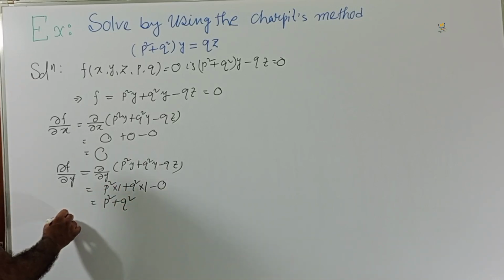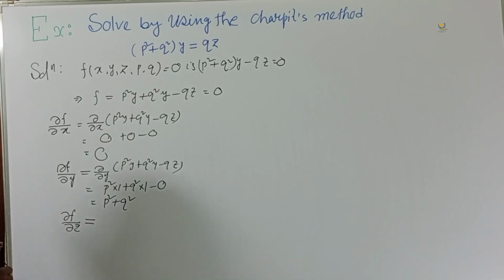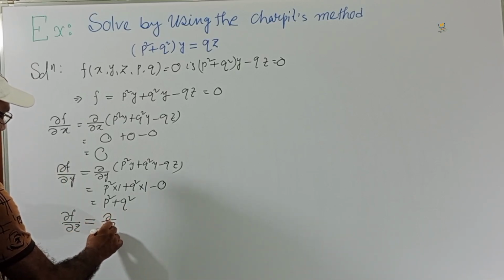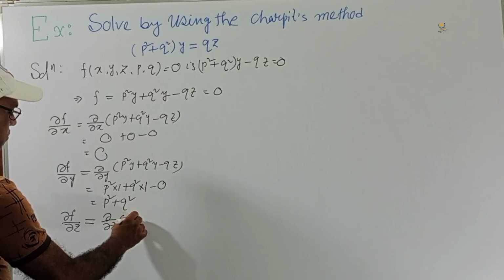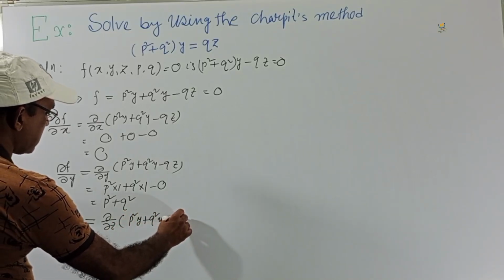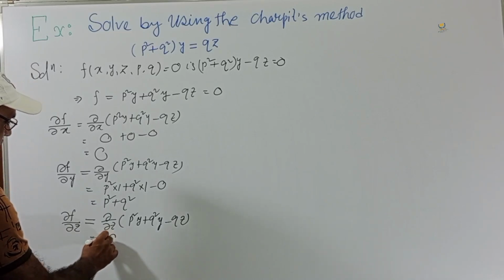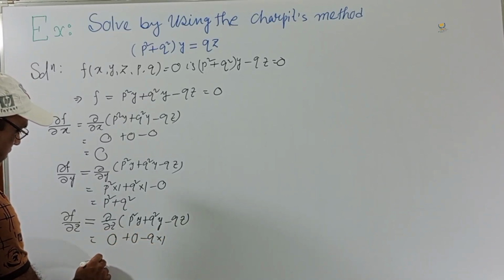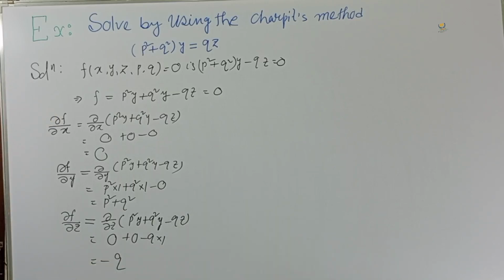Now del f del z: differentiating p²y + q²y − qz gives 0, 0, minus q into 1. We get del f del z is minus q.